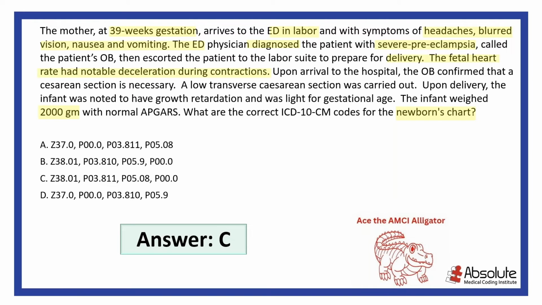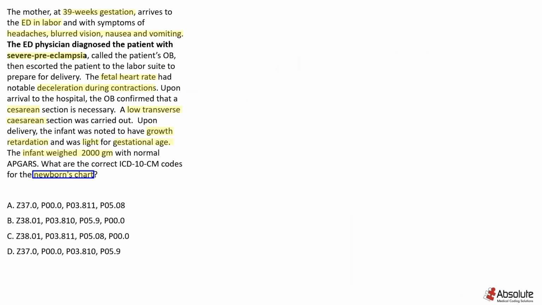The fetal heart rate was notably decelerated during the contractions, and the OB carried out a low transverse C-section, that is a cesarean section, and the weight was 2000 grams for the newborn infant. That's all we have in the keywords.